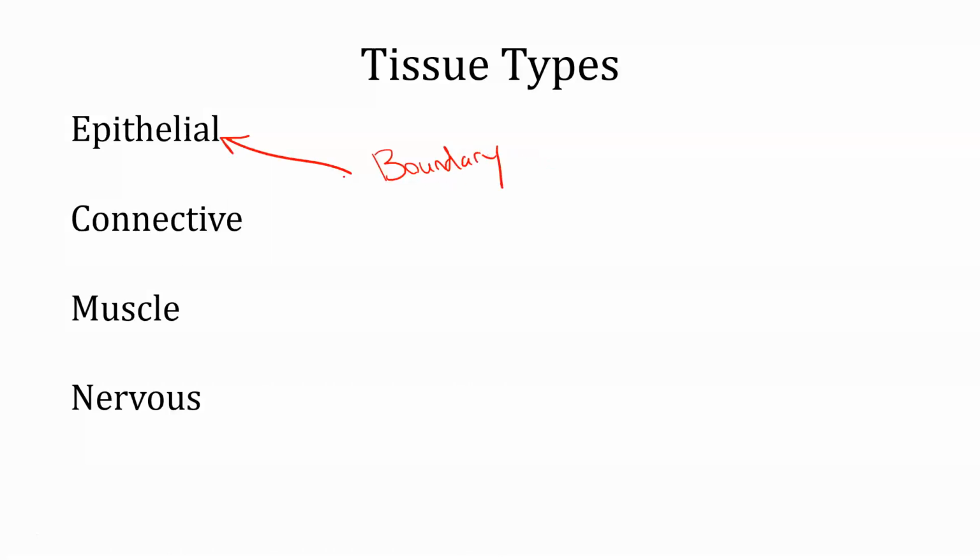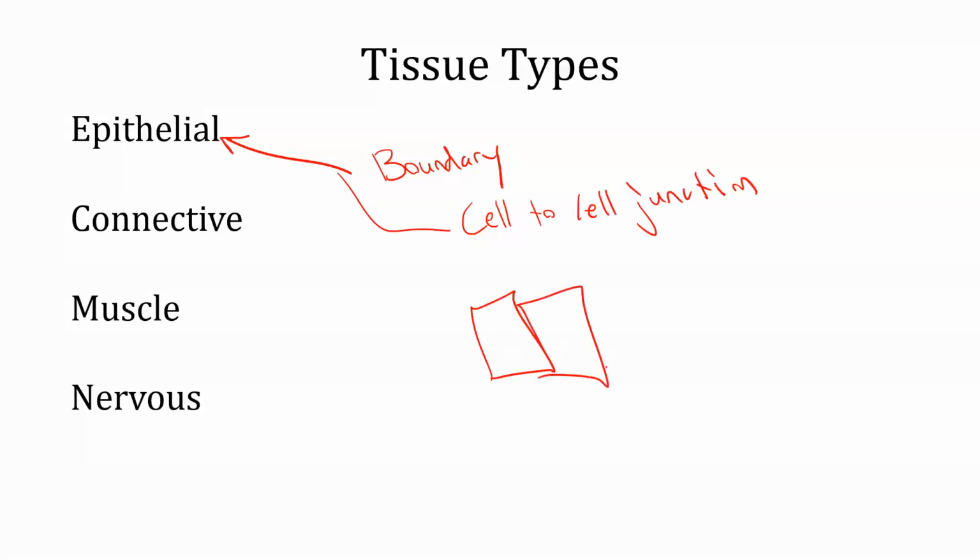These tissues are characterized by cells that have tight cell-to-cell junctions. And what I mean by this is when the cells are lined, these tissues have cells that are really tightly stuck together. And the purpose is that they offer protection.